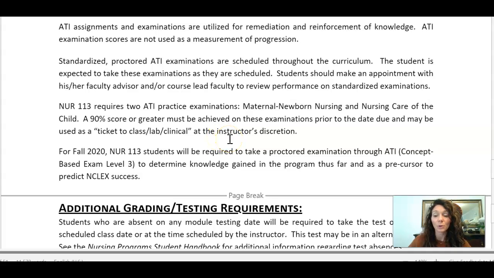There's a maternal newborn and a nursing care of children exam that you can do practices on. Hopefully you guys are in the cohort that have access to that. Otherwise, there will be a practice exam for the level 3 proctored exam, and you will be doing the level 3 proctored exam on campus at the end of the semester.